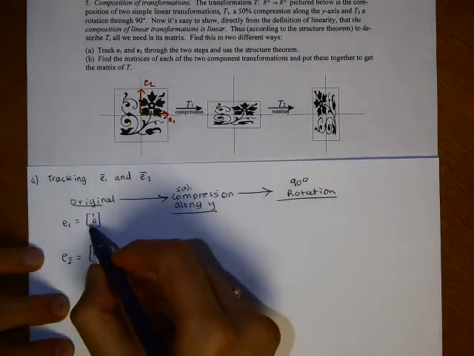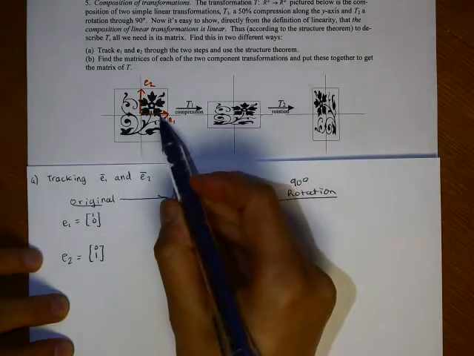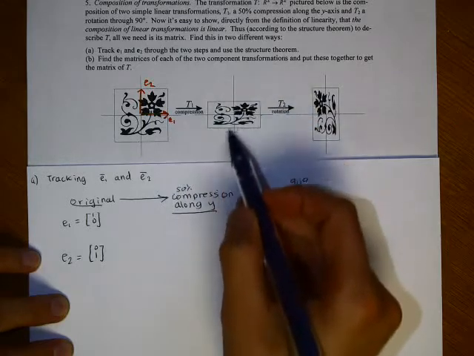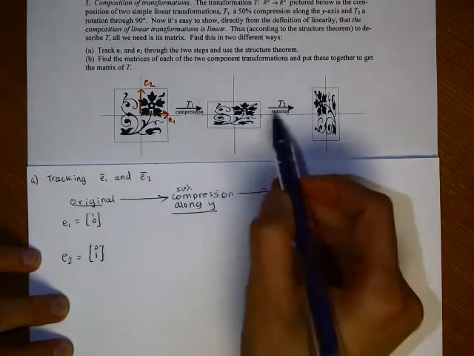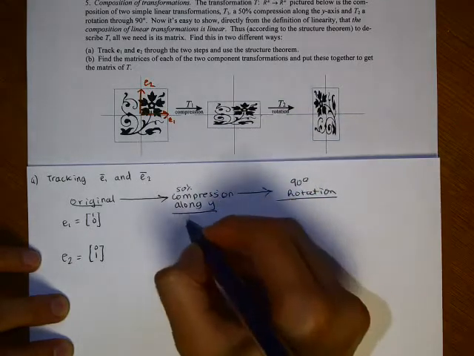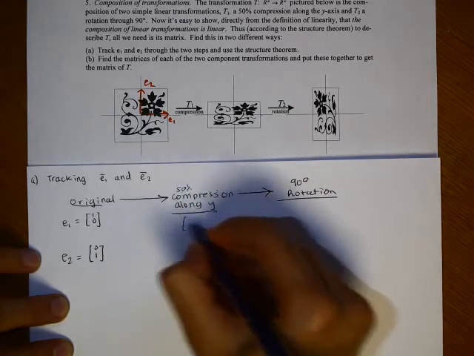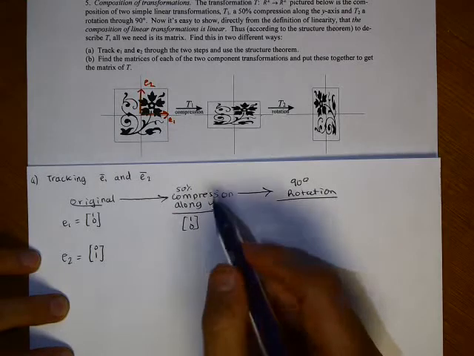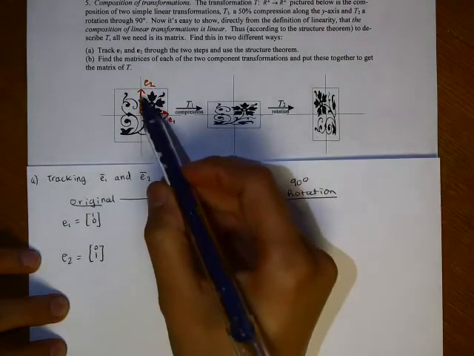Now what happens to our E1 vector? So let's see. We take this step here, it actually stays the same because we're just compressing along the y-axis. Nothing is happening along the x-axis. So that stays the same. Now what happens to our E2 vector?